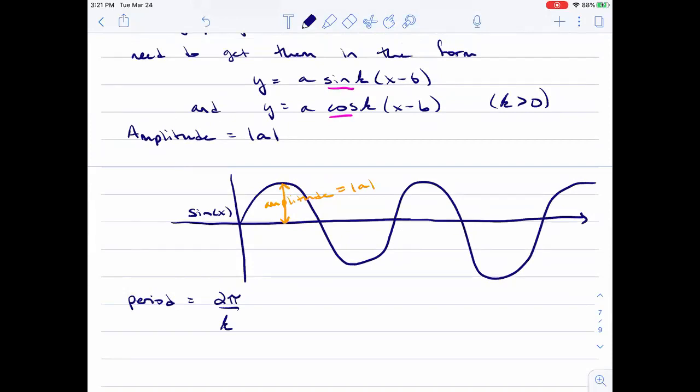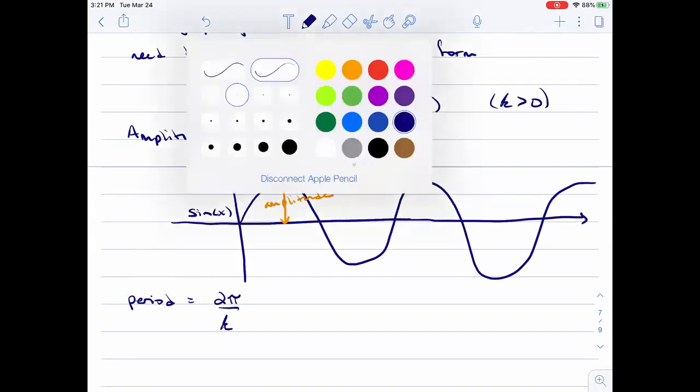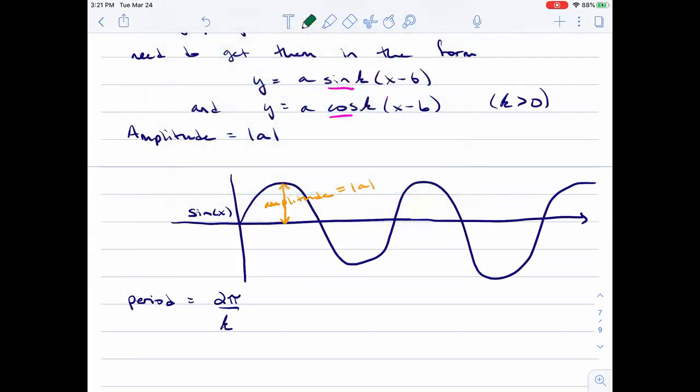Usually k is 1, so then the period is just 2 pi, which is the default for these things. And so a period goes from here and just goes a whole cycle until we're back to where we started. And so this distance is the period. And the default is 2 pi.